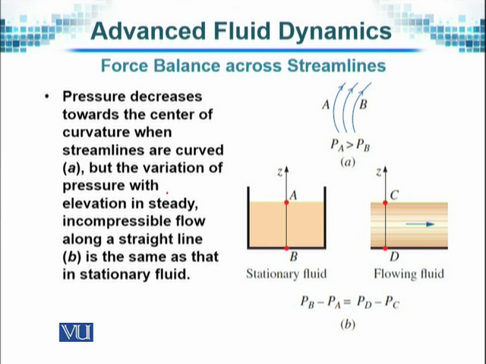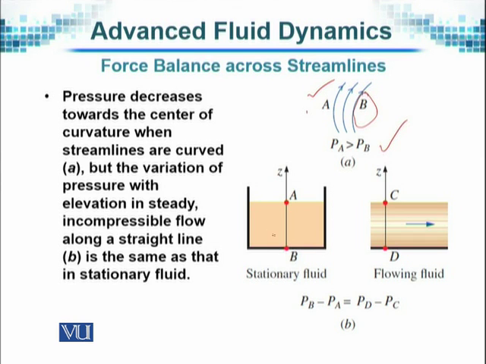So in the first condition, where there was a curve, it was observed scientifically that when there is a curve, on the inner side at B the pressure is lower than the pressure at A, and it is therefore shown as PA is greater than PB.